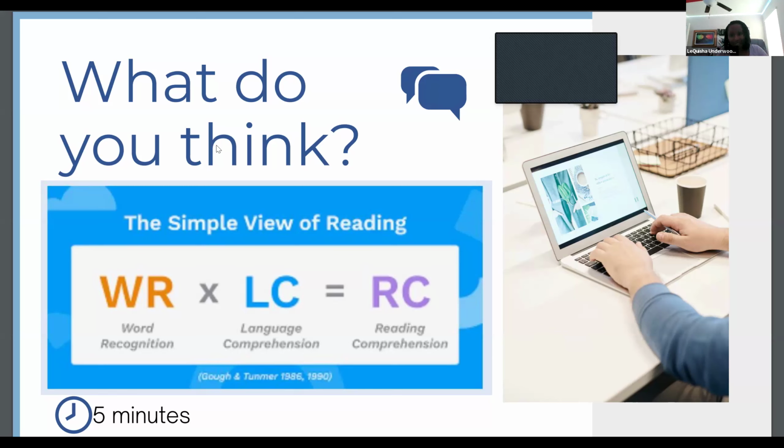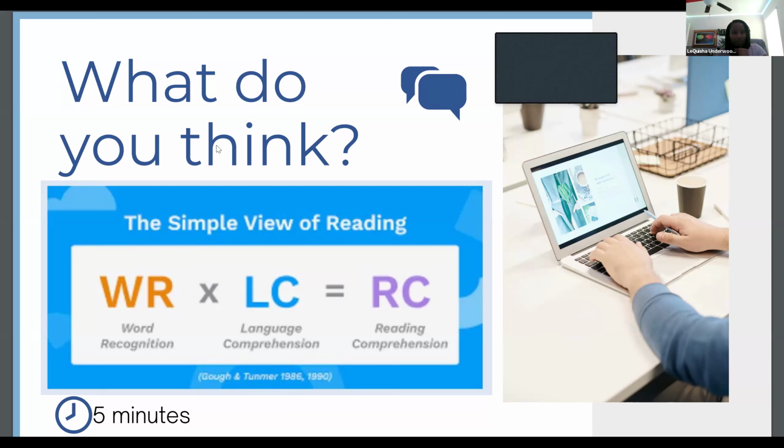What about phonics? What about phonological awareness? That's the exact spot where we all need to be when we take a look at the simple view of reading, because that's how we break it down to build the scaffolding so that we can actually teach someone to build word recognition, identify their language comprehension so they can become good with reading comprehension.